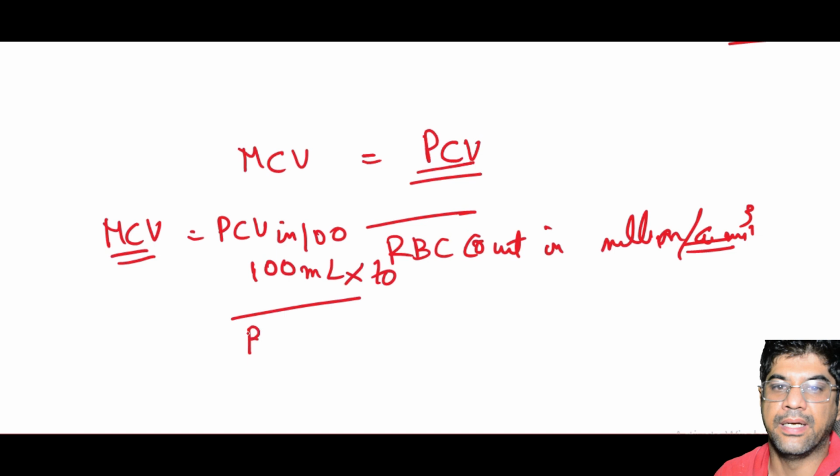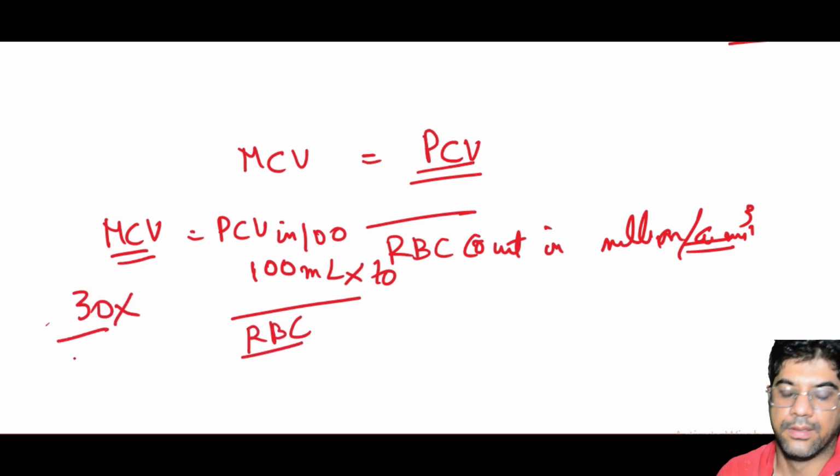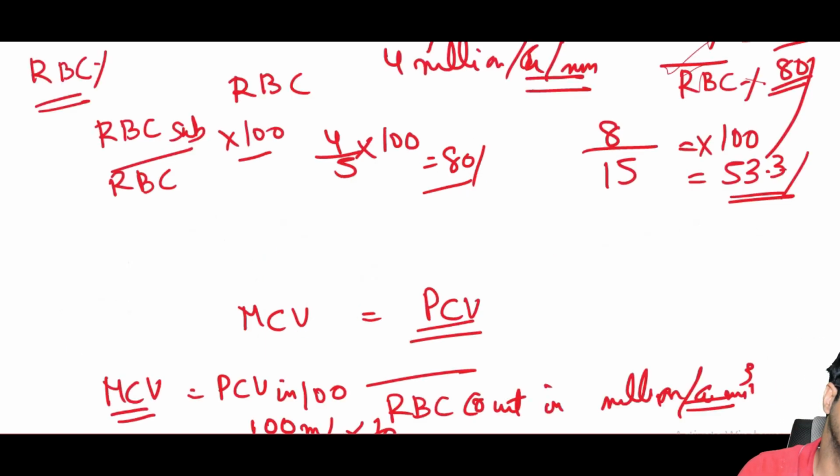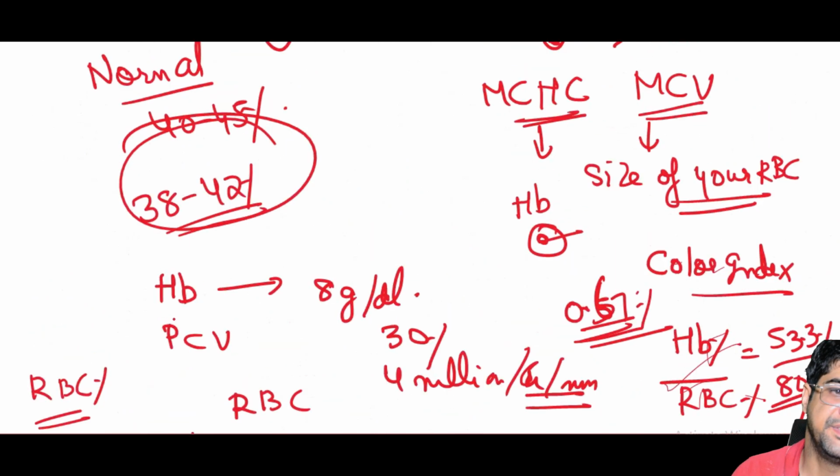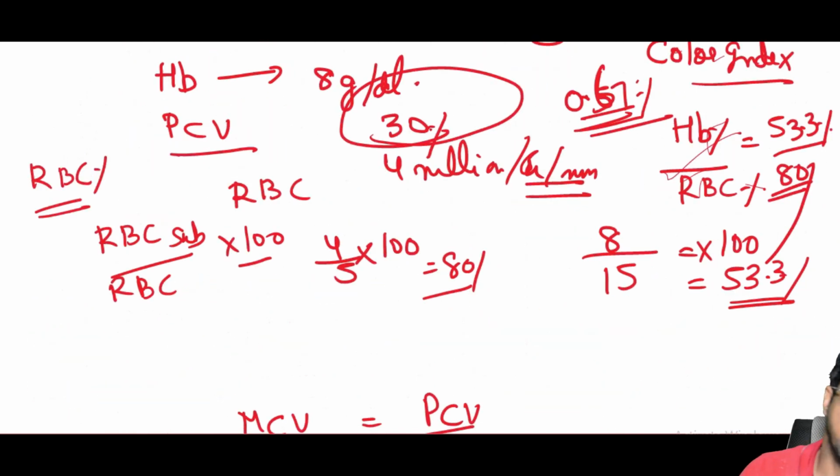That means 30 divided by 4 into 10. So remember, 30 is the PCV and RBC count was 4.